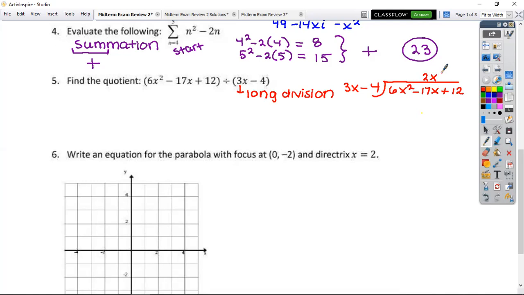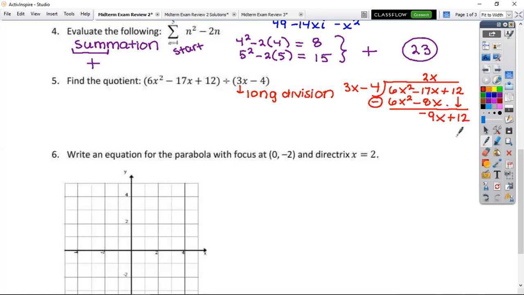So 2x times 3x would give me 6x squared minus 8x. Please use your calculator for these signs. There will be a lot of errors with that double negative. So again, don't hesitate to type it in. You have to do negative 17 minus negative 8, which is negative 9x. And you are going to pull down the 12.